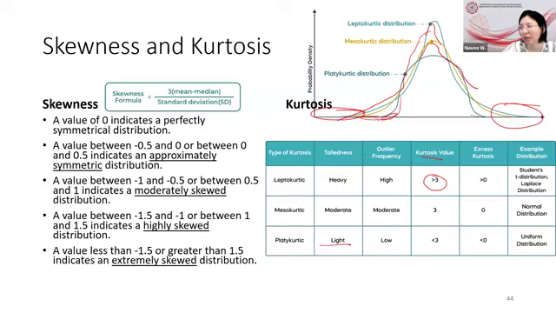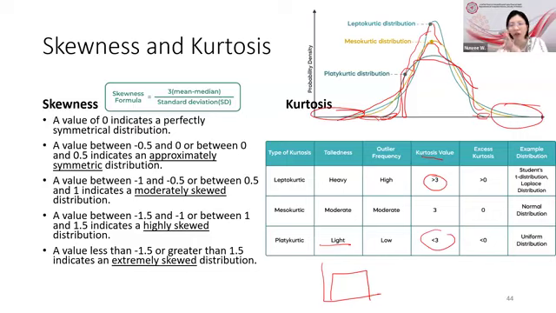No outliers, but it's very flat. Kurtosis value will be less than 3. So if we have a uniform distribution like this, it is platykurtic. So both of the numbers, skewness and kurtosis, tell us the shape of the distribution of our values.